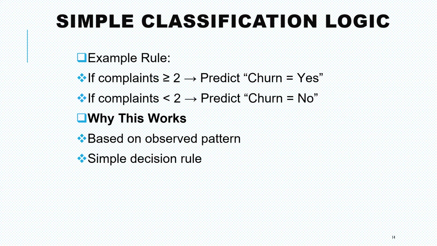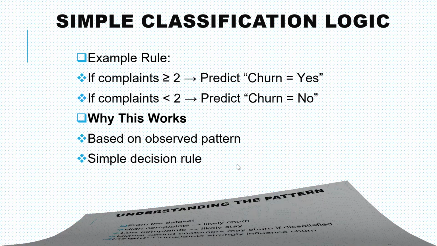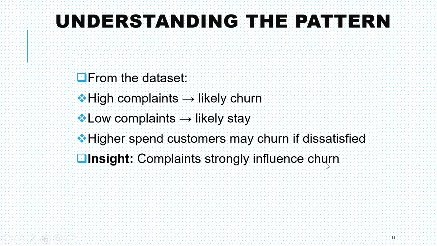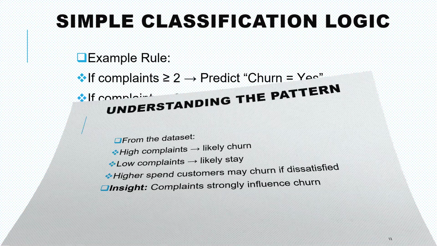We observed that complaints strongly influence what? Churn. So this simply means that anybody who complains from 2 upwards is likely to leave, meaning they are not satisfied.